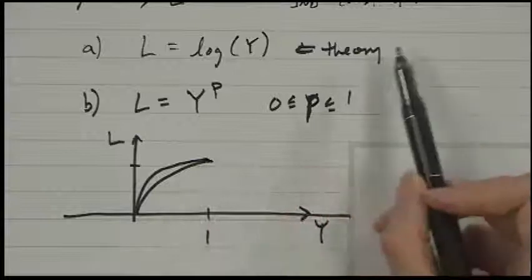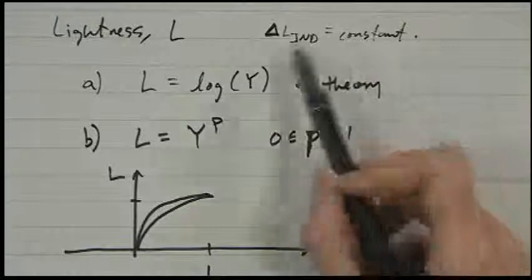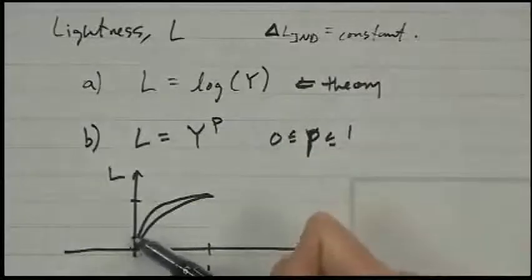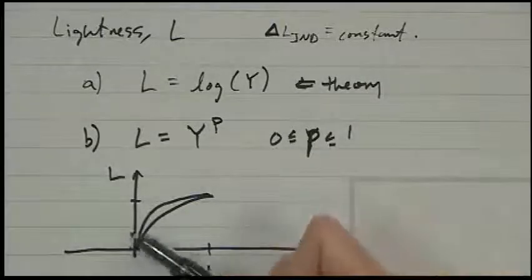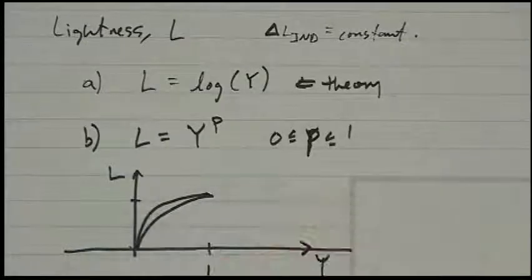And it still approximates the property that the just noticeable change in lightness will be relatively constant over different lightness levels. I'll come back to that pretty shortly. So that's probably a good enough review.